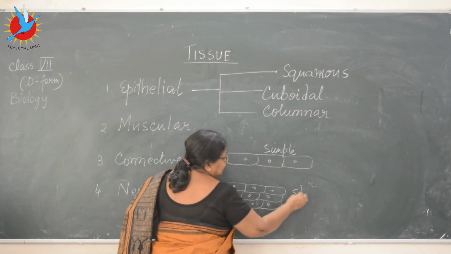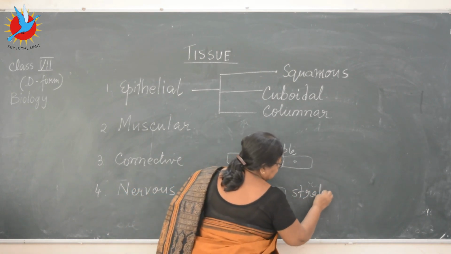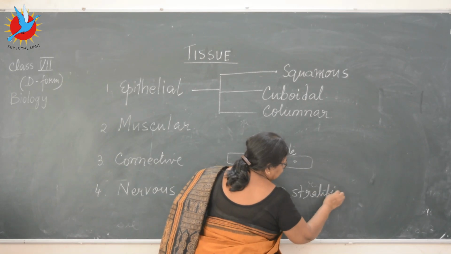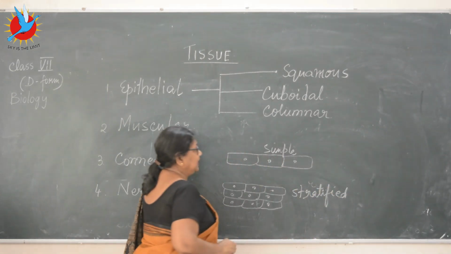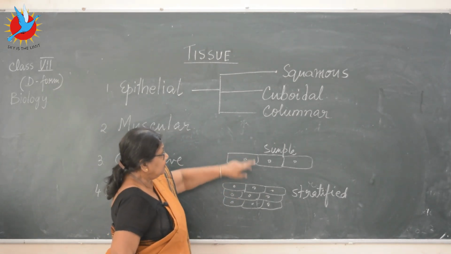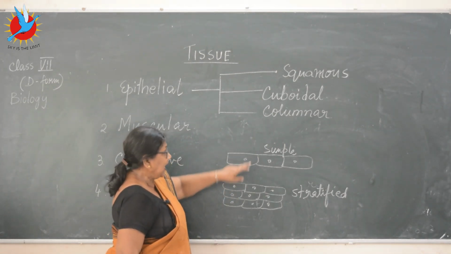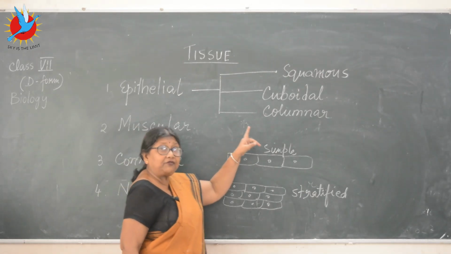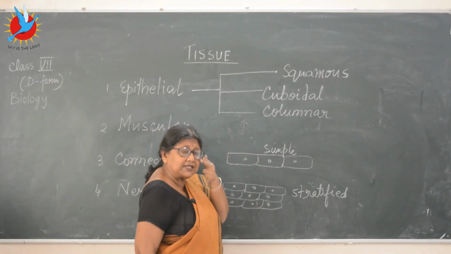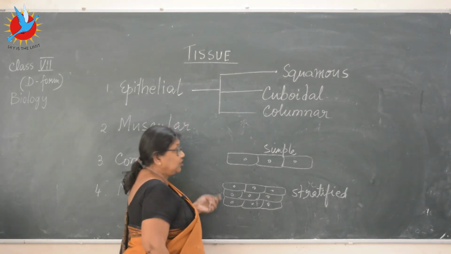This is called stratified. So simple squamous epithelial, and stratified squamous epithelium. You have to be a little careful with your spellings. Learn the spellings and try to pronounce the words properly, then you will remember.